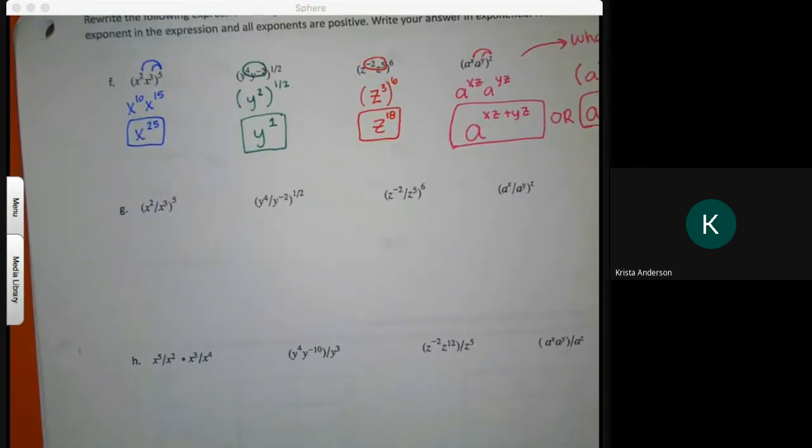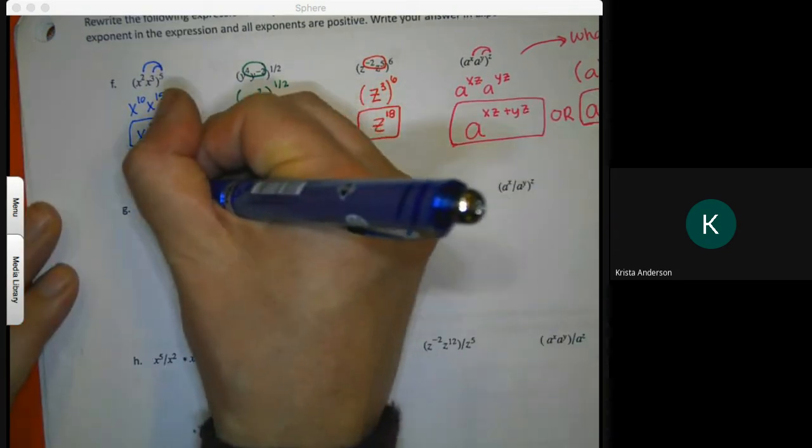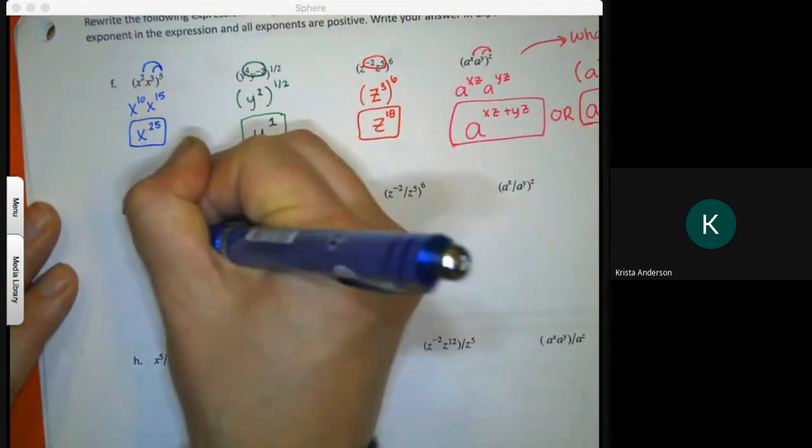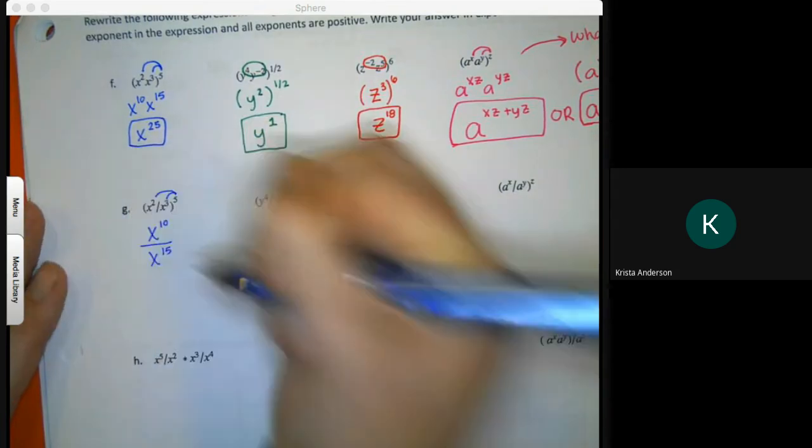Let's go to G. I have x squared over x cubed. It's the exact same thing, okay, so I'll put it in, which is x to the 10th over x to the 15th.